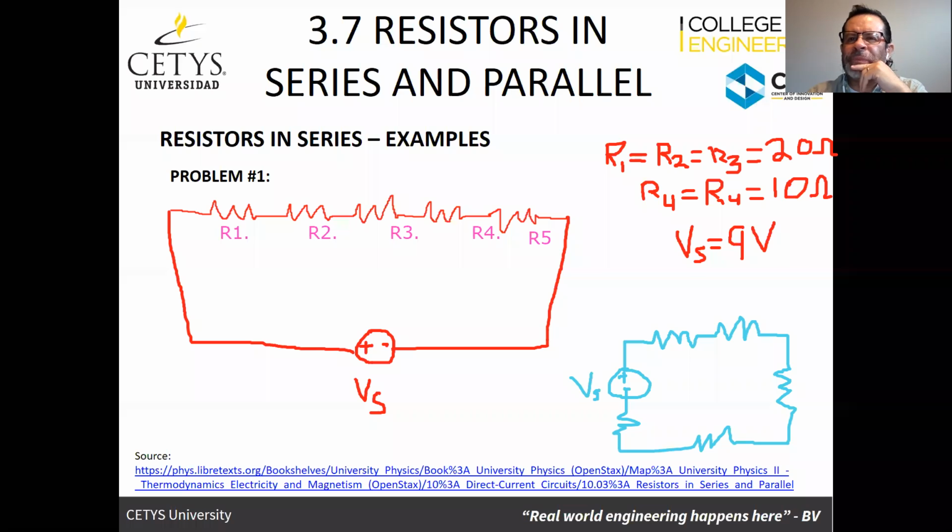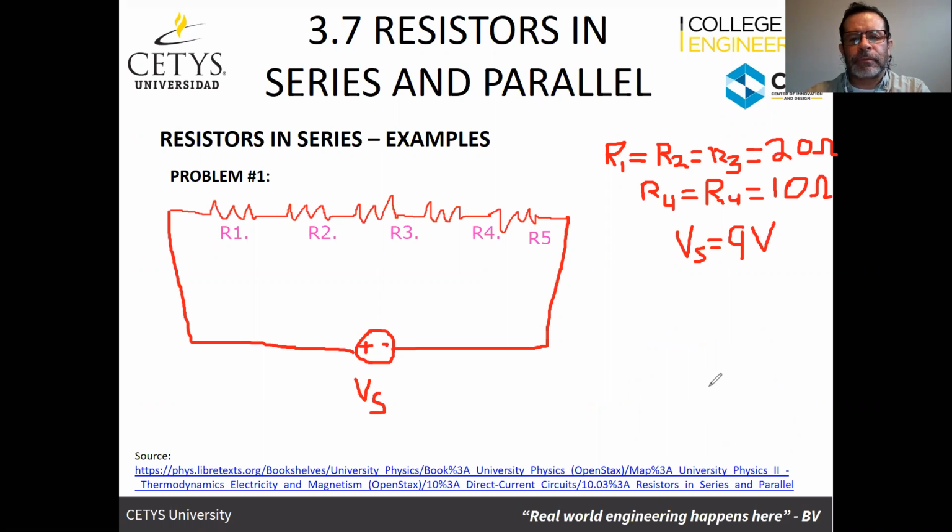Both of them are circuits, and both are actually the same circuit, just a different way of looking at it. It's a power supply with 5 resistors connected in series. Okay. Questions up to this point? Are we doing good?